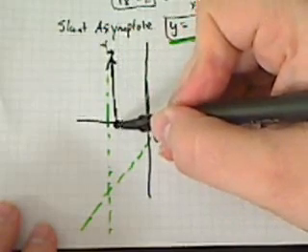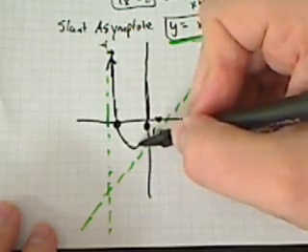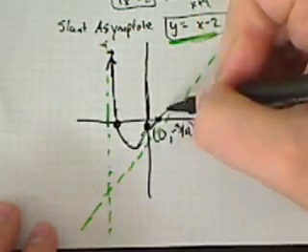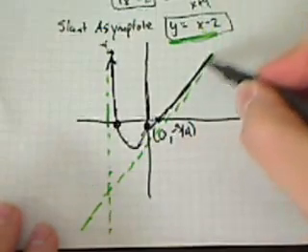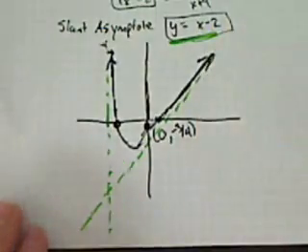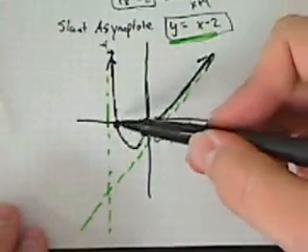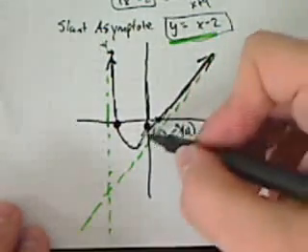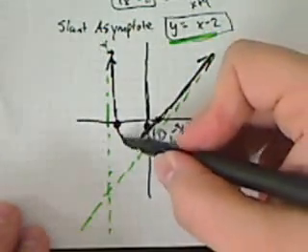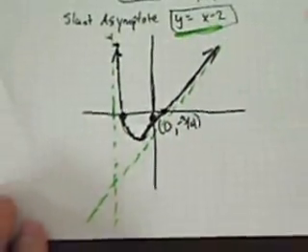And what this is actually going to do, since it has to cross the x-axis here, it will actually come down. We'll even off. And so we have something that kind of looks like that. It has two x-intercepts. Both of them are where the function crosses the x-axis. We have our one y-intercept. But otherwise it's going to try to be as close to the oblique asymptote as possible.